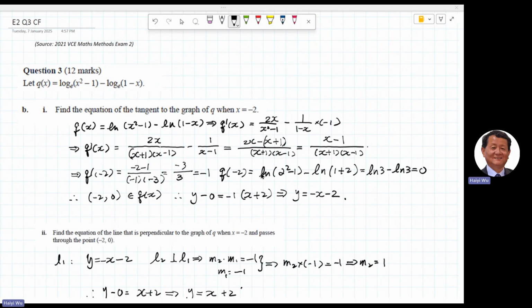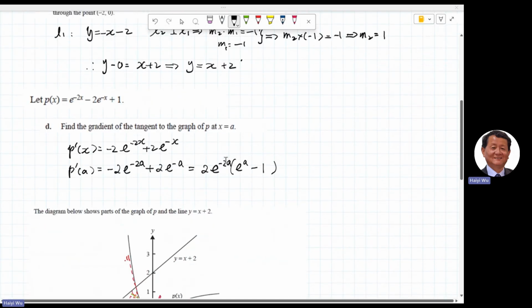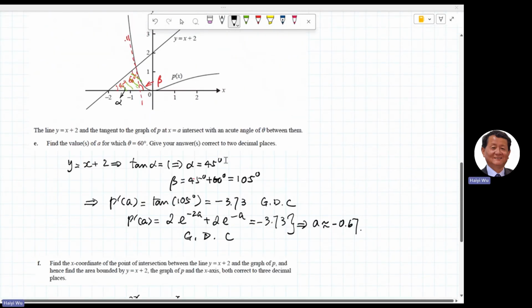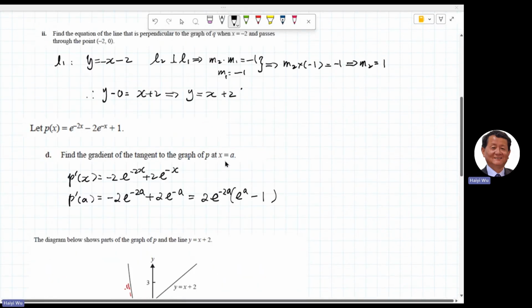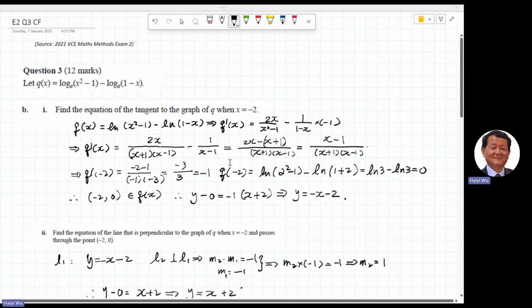Thank you. All right, today we're going to do a question in relation to area under the curve, but we need to find the intersection point between a straight line and an exponential function. This question has several small parts, so we do one at a time.